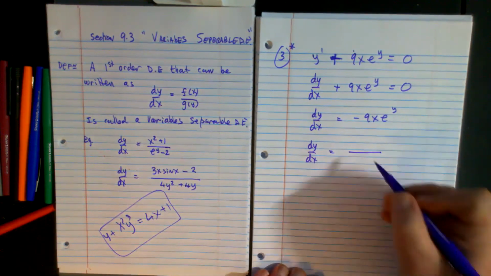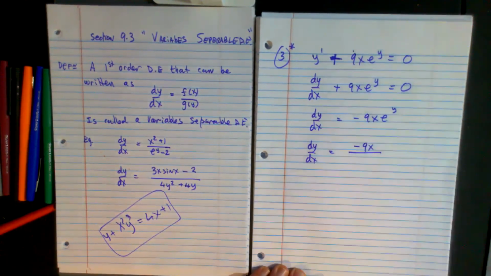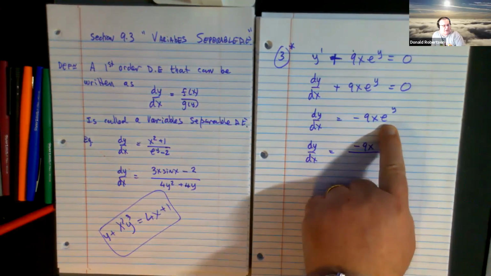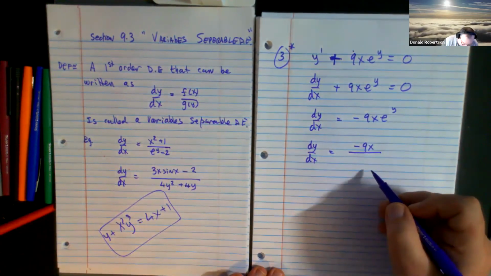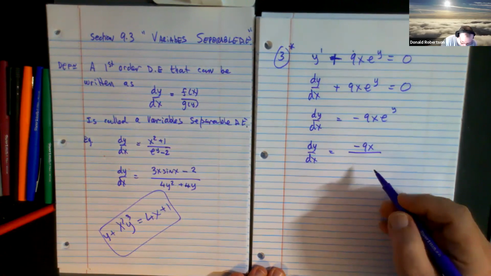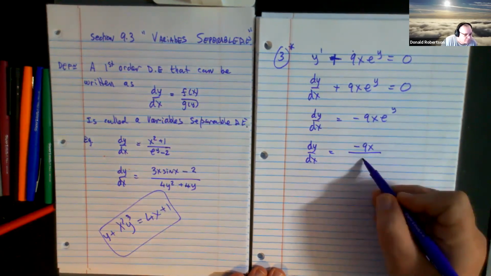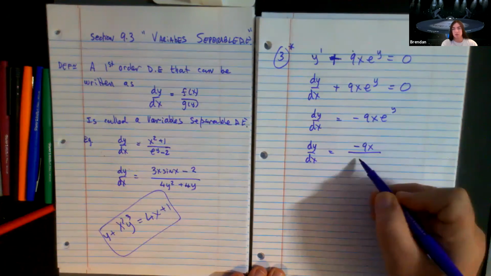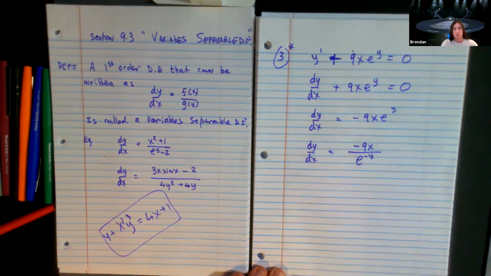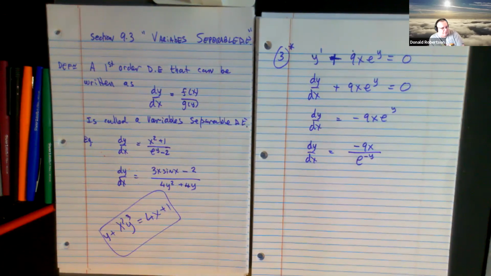And the x's are on the top. So how do you fix the e to the y guy? Move it to the denominator and change it to e to the -y. Agreed? Like the y squared became a y to the -2 on the denominator.